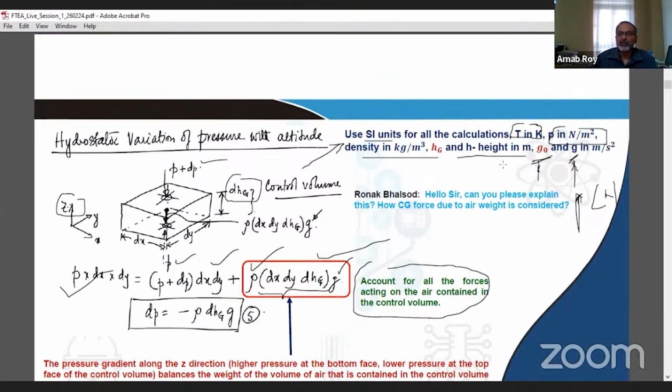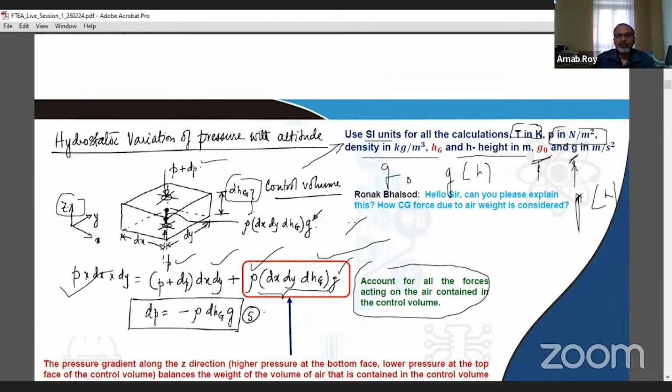If you are switching between meters and kilometers, you have to be careful about the calculations. And then, of course, G, whether you use it in the sense of G naught or in the form of G as a function of H, in both cases you should be using the unit of meters per second square.